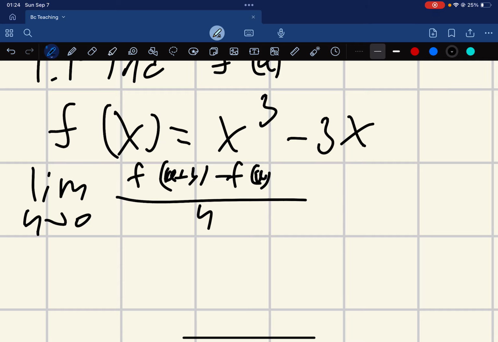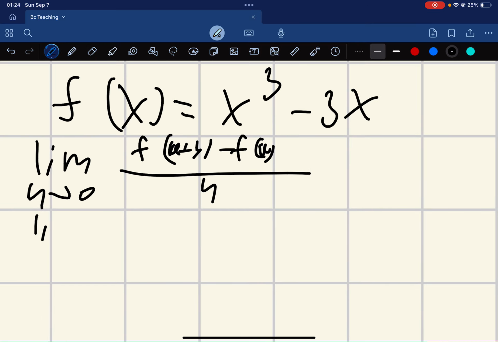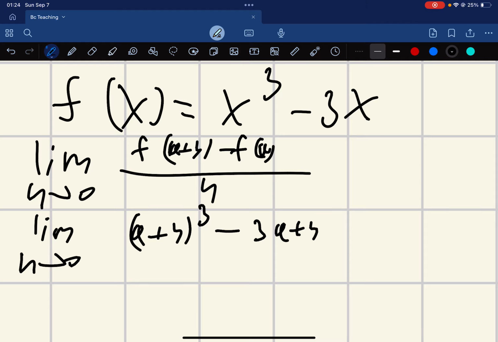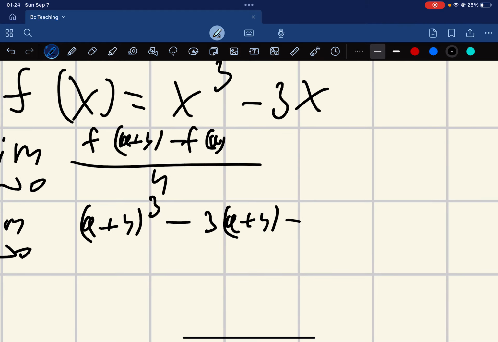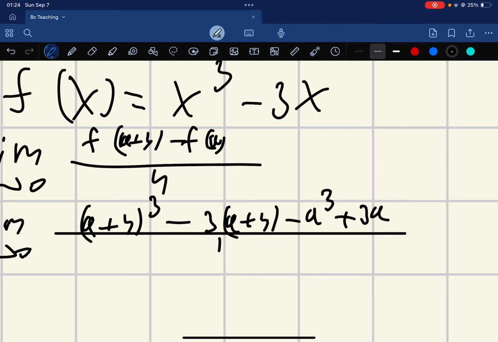So now you get the limit as h approaches 0 of a plus h cubed minus 3 times a plus h minus f of a, which is going to be a cubed minus 3a, all divided by h.